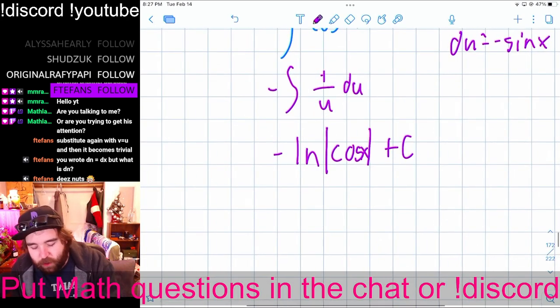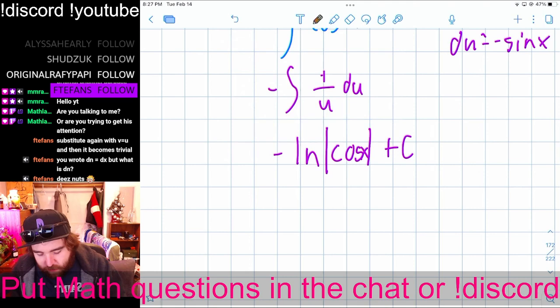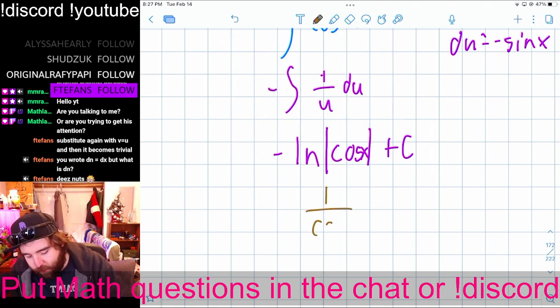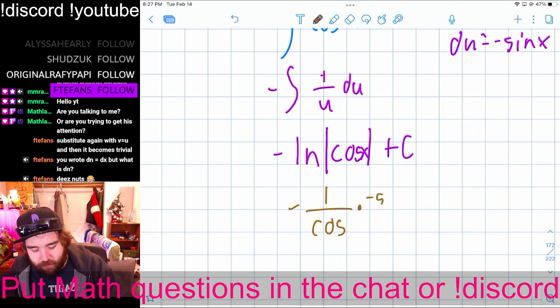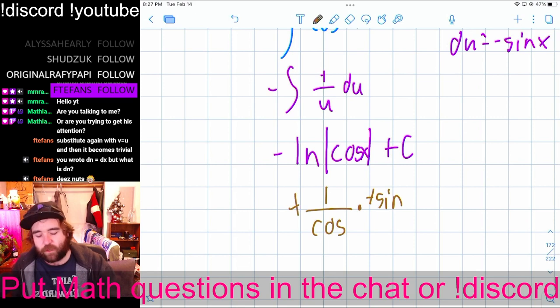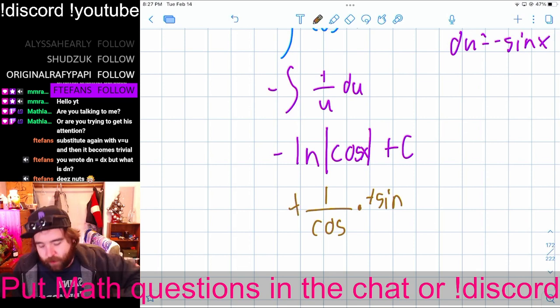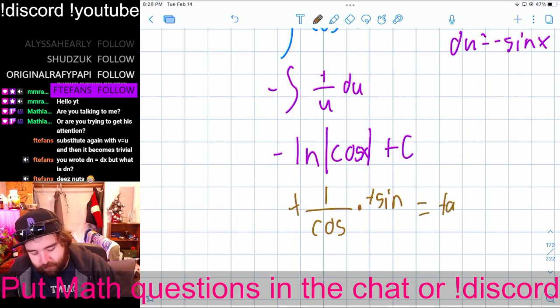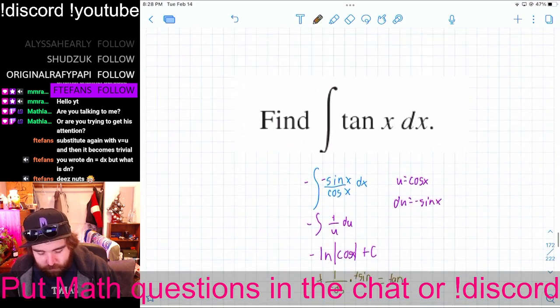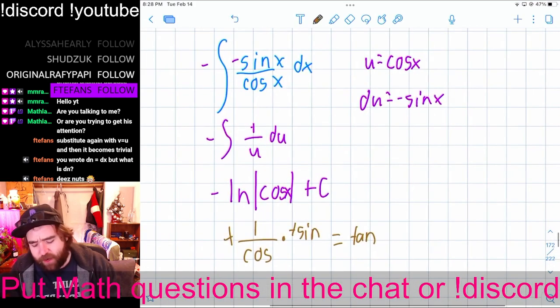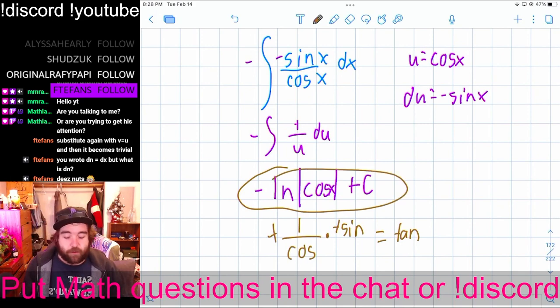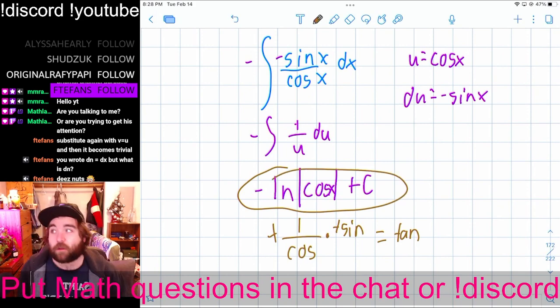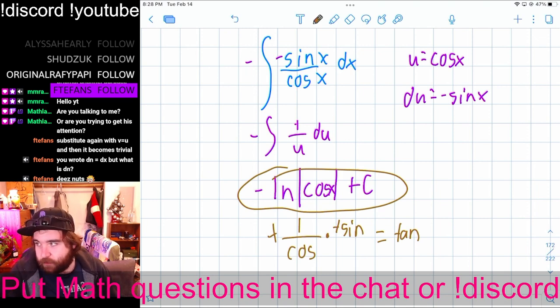When you go to check yourself, like I'd always recommend, you take the derivative: you would get negative 1 over cosine, and then chain rule, multiply by the derivative of cosine, so multiply by negative sine, which leaves you with the negatives canceling out, sine over cosine, tangent. Beautiful. So that is really nice to remember. What is the integral of tangent? It is negative ln of cosine. Technically, absolute value of cosine.